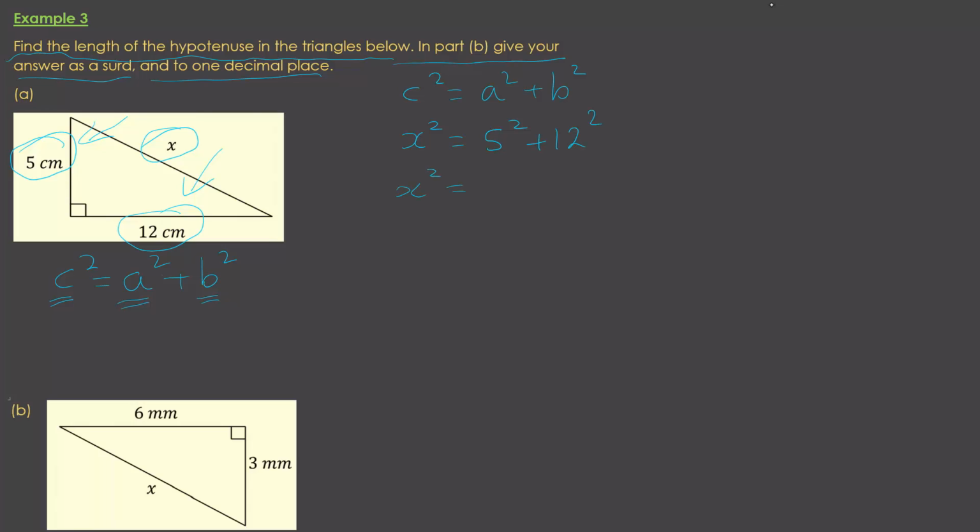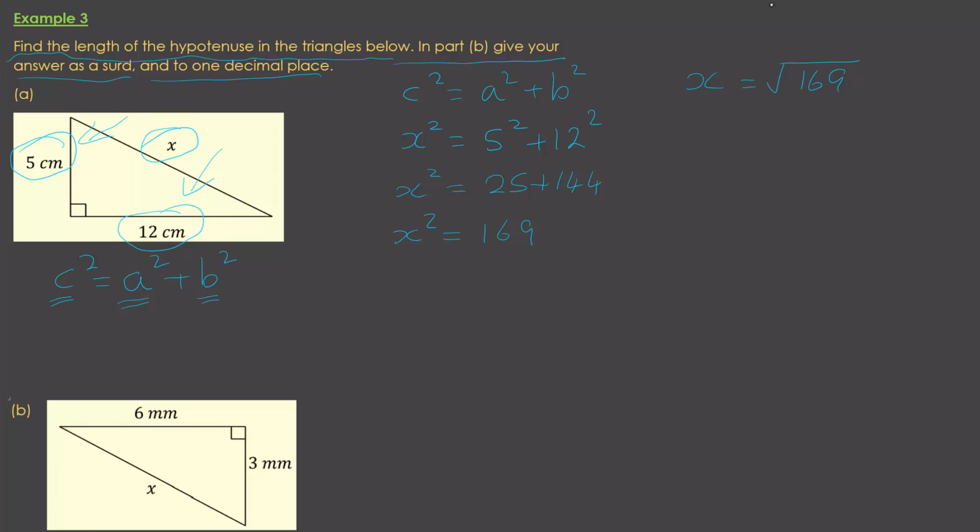So x squared in this case is going to be 25 plus 144, giving us that x squared is 169. So x is going to be the square root of 169. It can only be the positive square root because x represents a length.